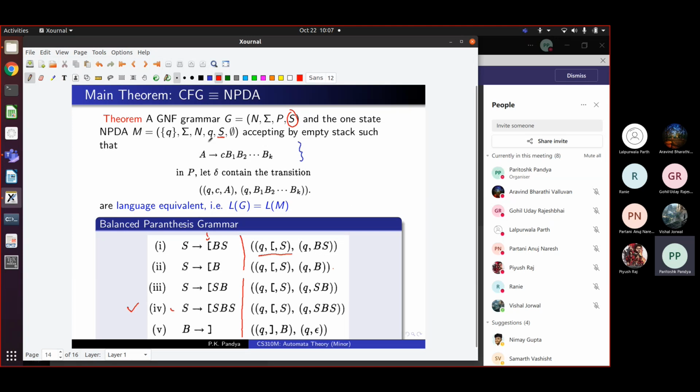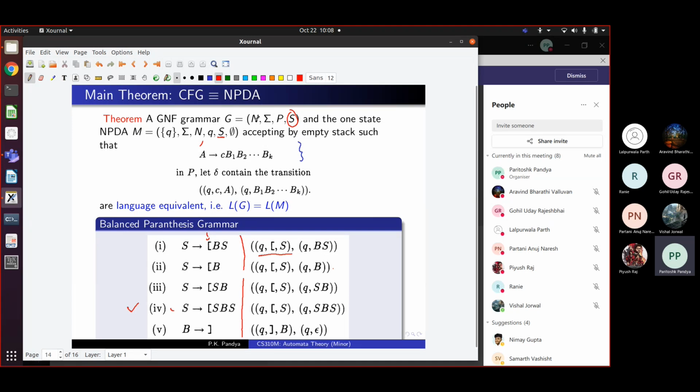Suppose we are given a one state pushdown automaton whose stack alphabet is called N, then we can construct a Greibach normal form grammar whose non-terminals we will call N. So whatever is the stack alphabet will become the set of non-terminals in my grammar.